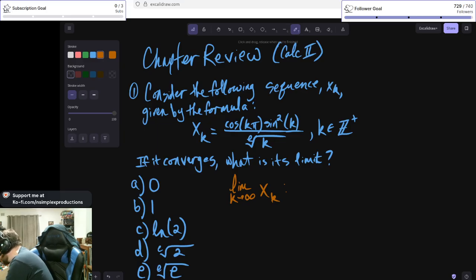Cool. So yeah, this is before L'Hopital's rule ever shows up. So good news, we don't have to do that. Also good news, we don't have to do the ratio test or anything like that.